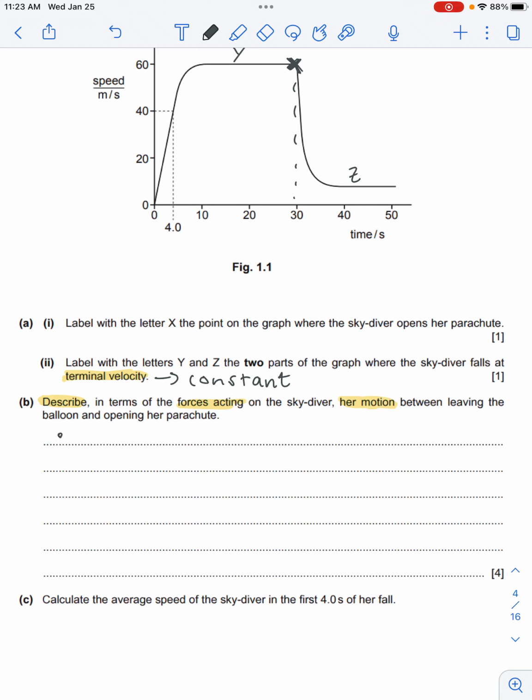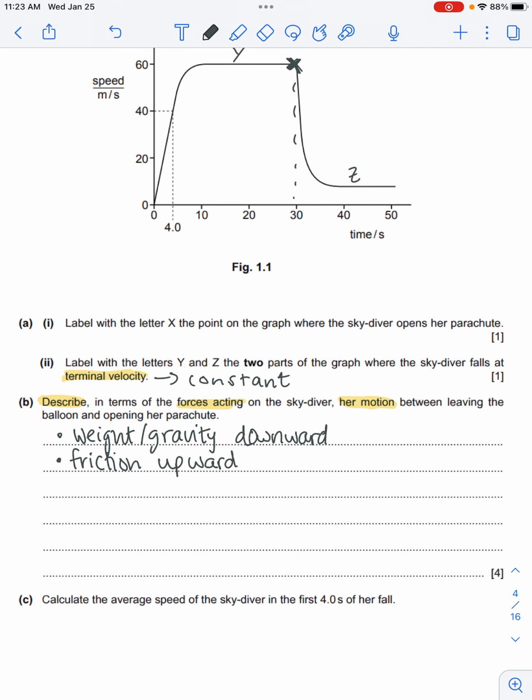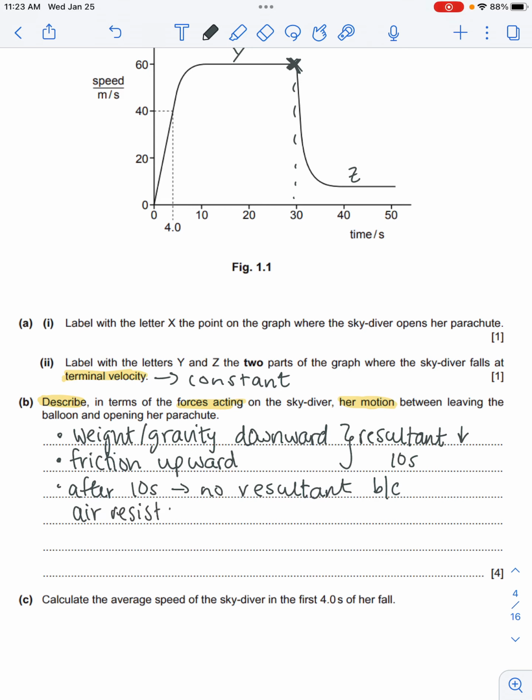So with regards to forces, she's got her weight or gravity going downward, and she's got friction or air resistance going upward, and together there is a resultant downward force for the first 10 seconds, but then after 10 seconds there is no resultant force, and hence our constant speed, because the air resistance gets really big when you go really fast, and eventually the two forces are the same size.